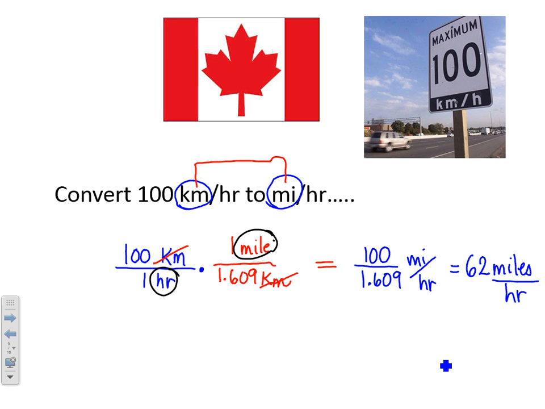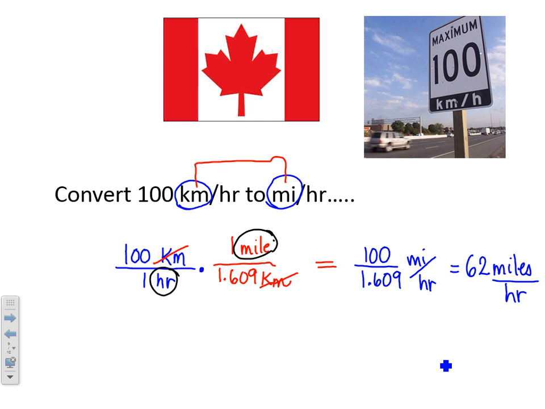Hey, that's a lot different than 100 miles per hour, isn't it? Wow, you'd be going 40 miles over the speed limit. You'd probably get your license taken away at that rate. So anyway, this is another example of doing unit analysis. Please show your steps and show that your units are canceling.